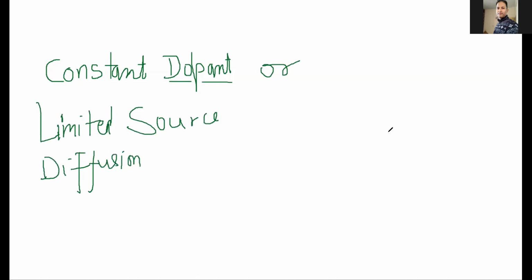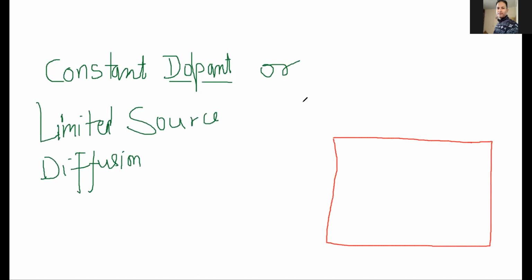In this case, this is our silicon substrate. Initially we had our PSG, or dopant source, over it, and we allowed phosphorus to get into the substrate.